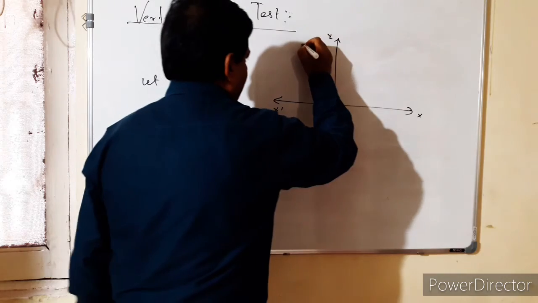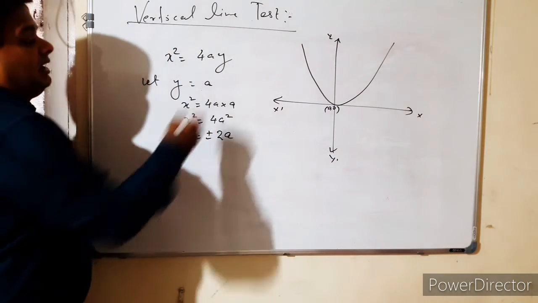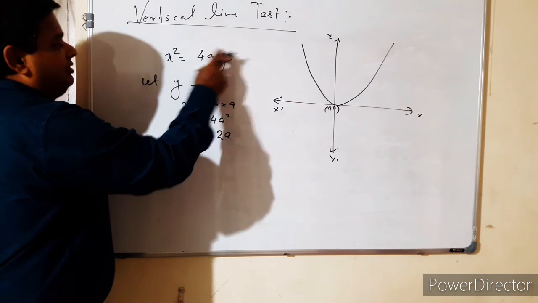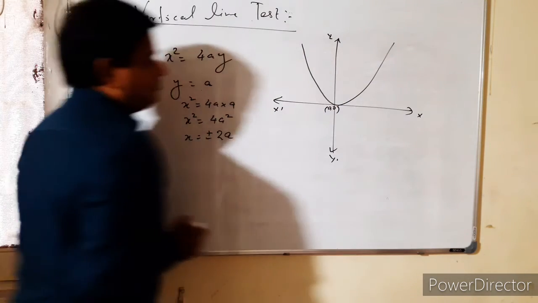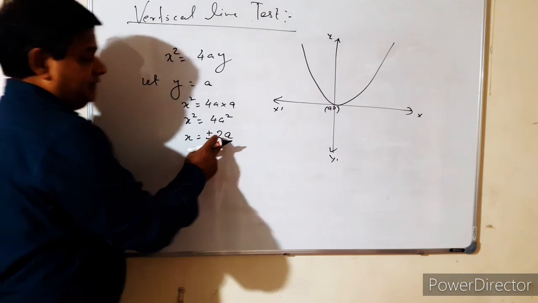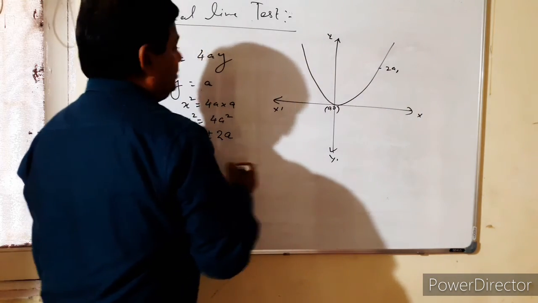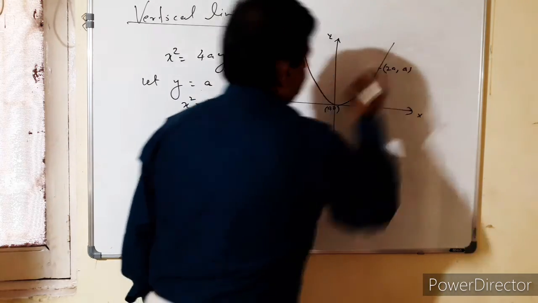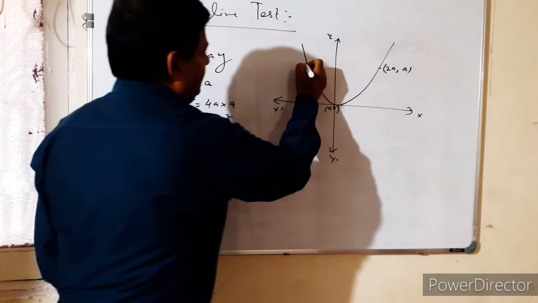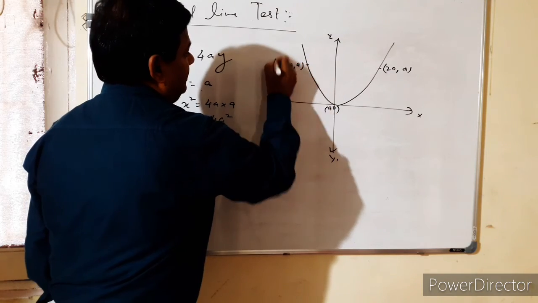It means this is an upward parabola. When y equal to 0, x equal to 0, the parabola passes through the origin. Now x equal to 2a, y equal to a is a point, and x equal to minus 2a, y equal to a is another point.